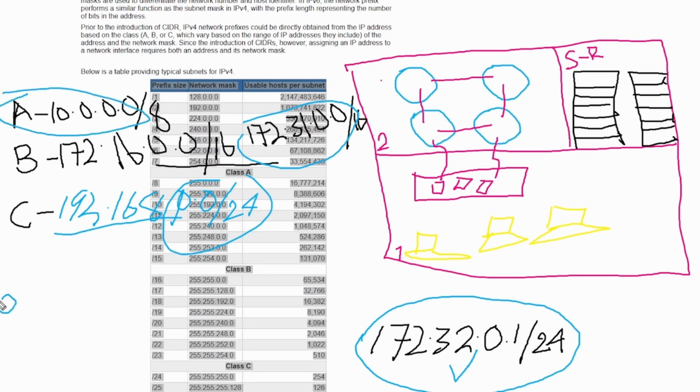Because 10 is, don't touch the 10, you can name it 100.1.2. This is how you can do 1, 2, 3, 4/24, or you can say /16. You can say /8, you can say /32.